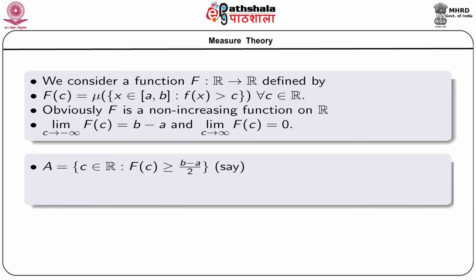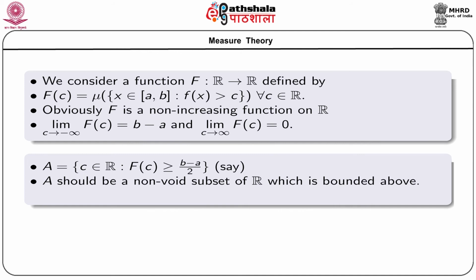Now, let us write the set of c belonging to R where F(c) is greater than or equal to (b − a)/2 as the set A. Obviously, A is a non-void set which is bounded above, and consequently the supremum of A, which we call r, exists, because by the completeness axiom of real numbers, any non-void set of real numbers which is bounded above must have a supremum.